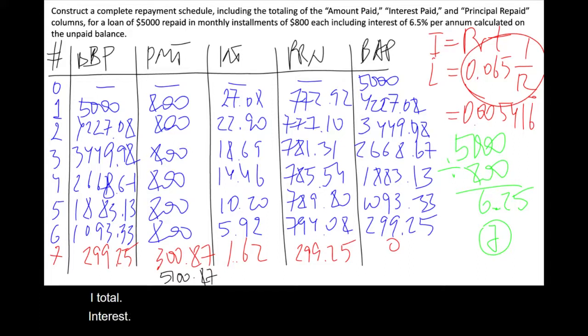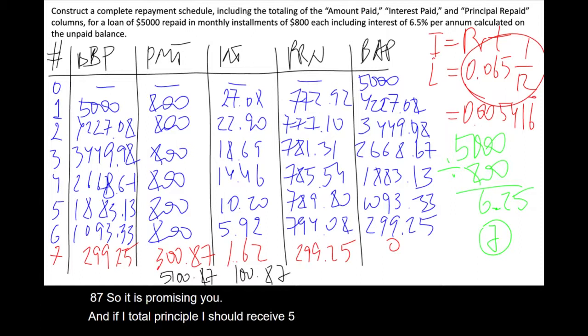Now I total interest. I have 100.87, so it is promising, you see. And if I total principal, I should receive 5,000, right?